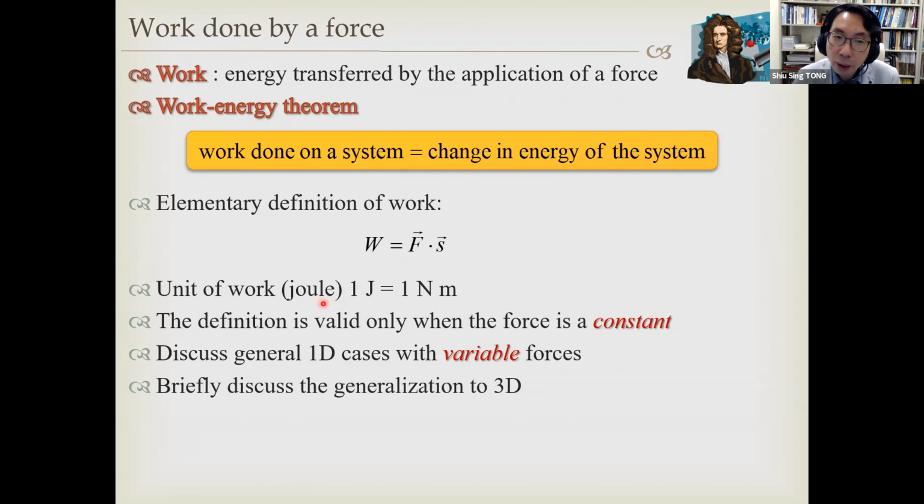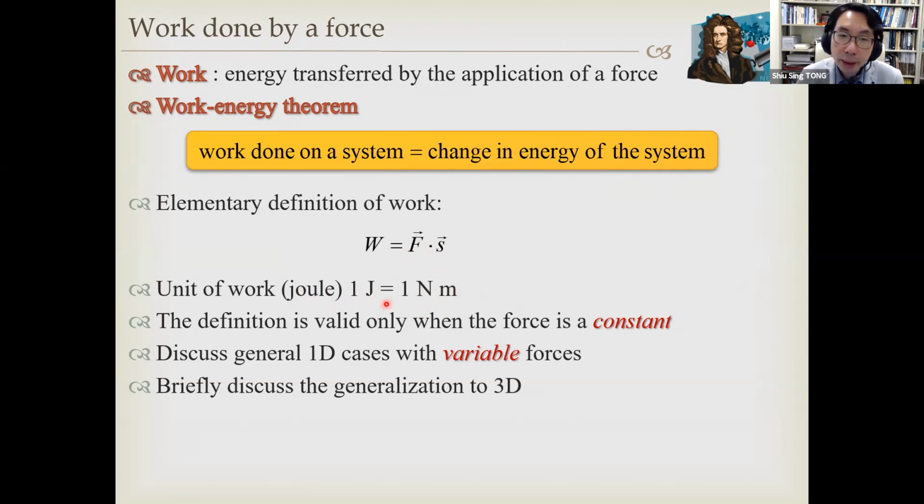And the unit of work is joule, the same as that of energy. And from this equation, you can easily see that joule is equal to the unit of force, which is Newton, multiplied by the unit of the displacement, which is meter. So Newton meter is joule.